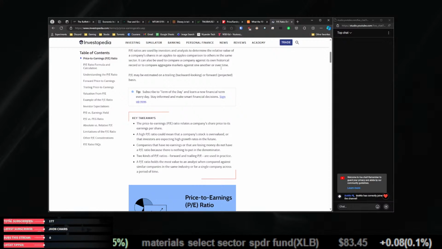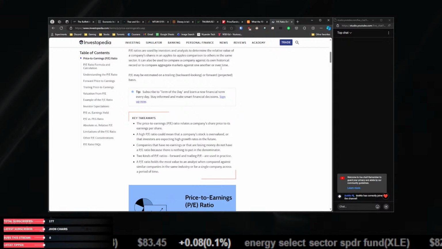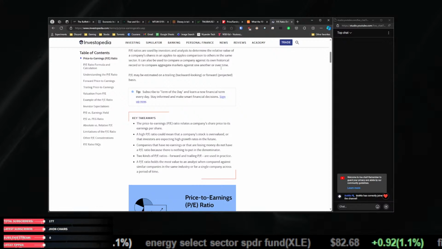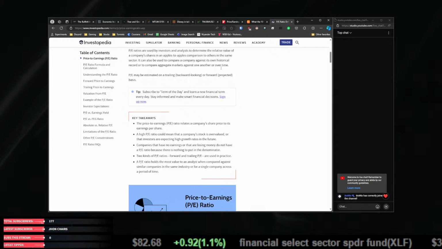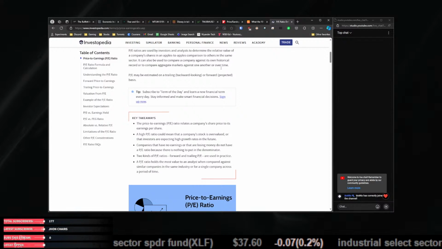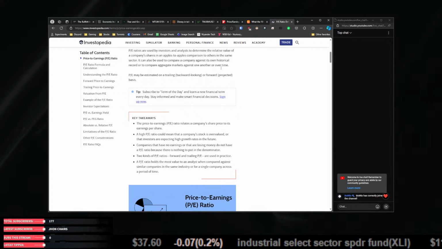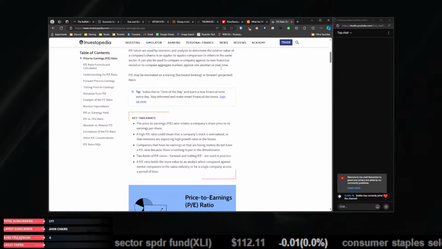It's used by investors and analysts to determine the relative value of a company's shares in an apples to apples comparison to others in the same sector. It can also be used to compare against its own historical record or to compare aggregate markets against one another over time. It may be estimated on a trailing or forward basis.